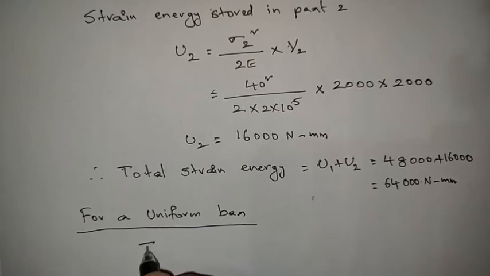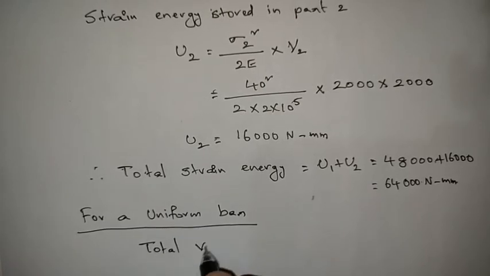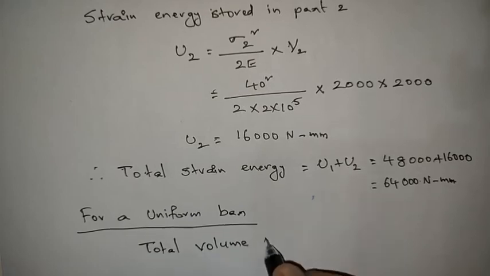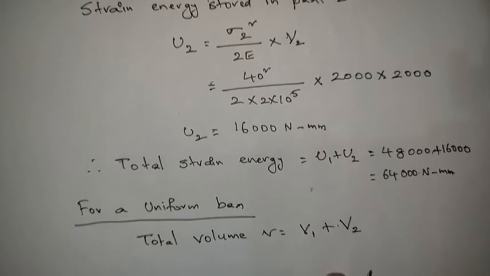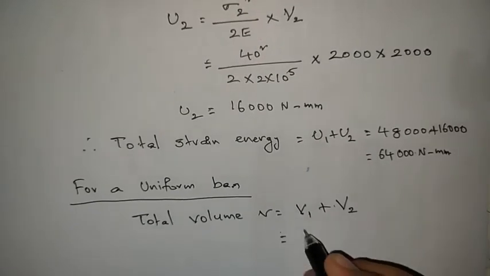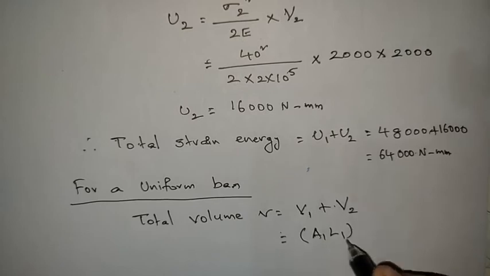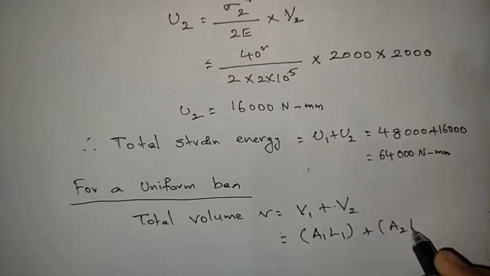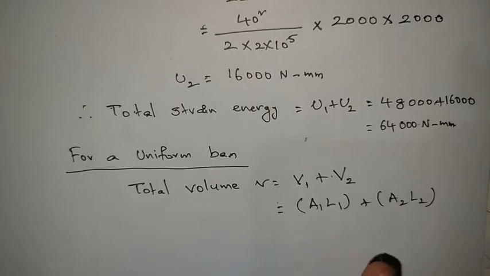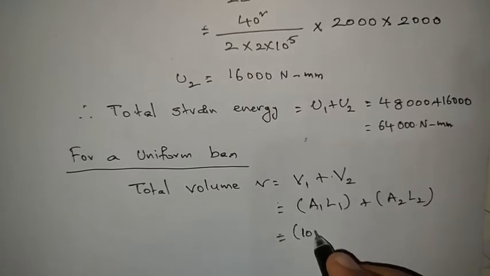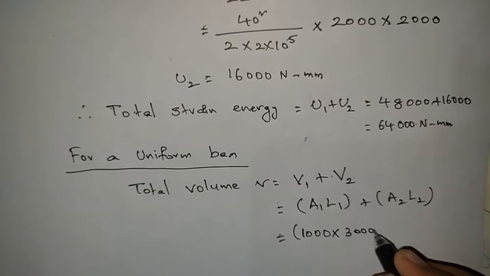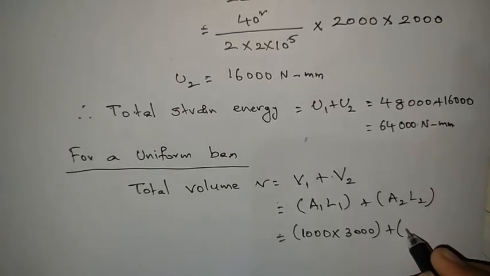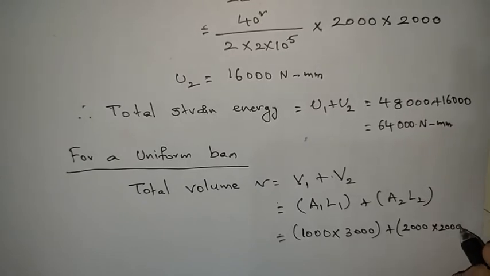So total volume V equals volume of first part plus volume of second part. So volume of first part is A1 L1, volume of second part is A2 L2. So substitute those values. So 1000 into L1 is 3000 plus A2 value is 2000 into L2 is also 2000.